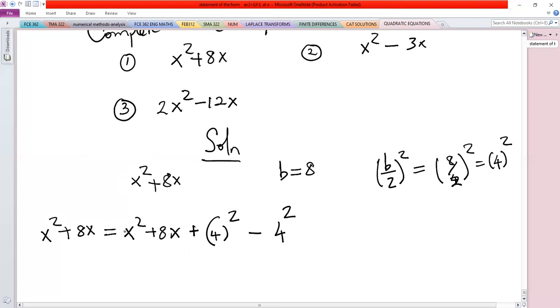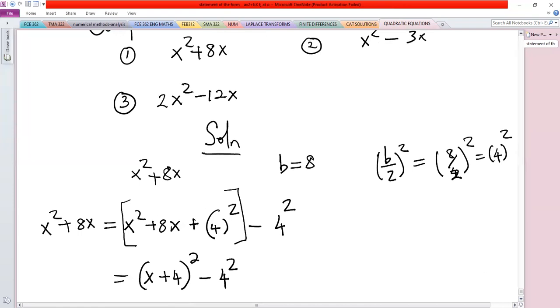Now by doing this, this part can be written as: I pick one x from this square, I join it to this positive 4, and then I square this, and then minus 4 squared. So when you expand this one, you still get everything that we have in the square brackets here.